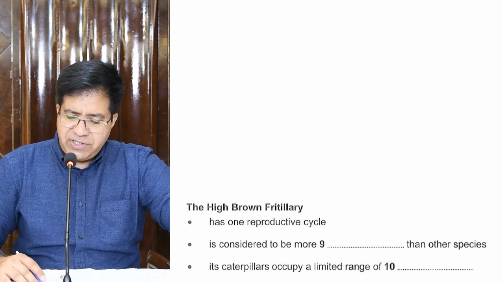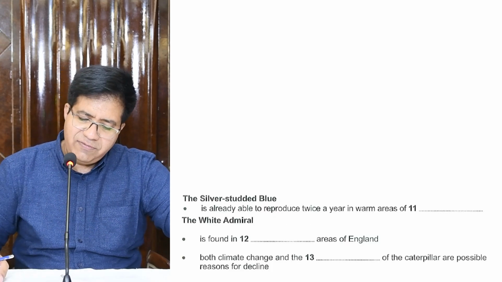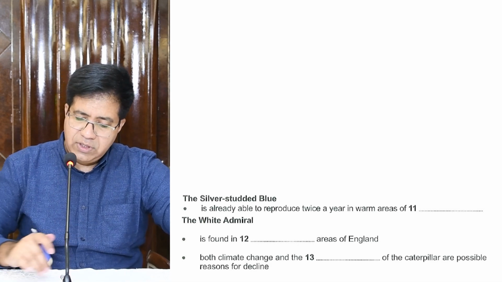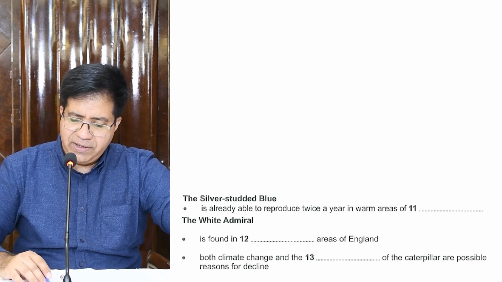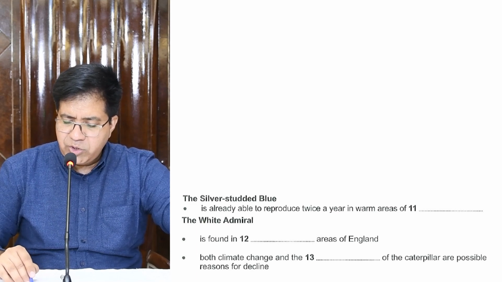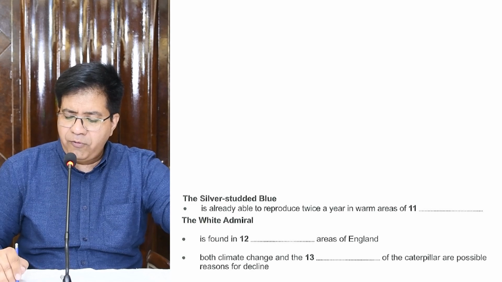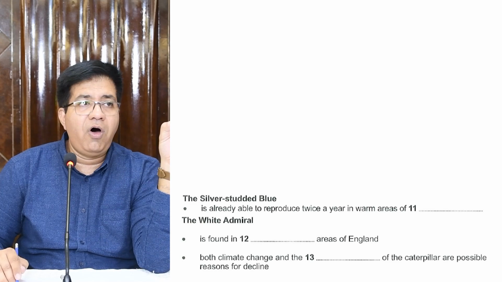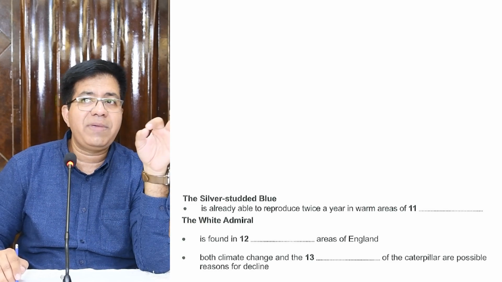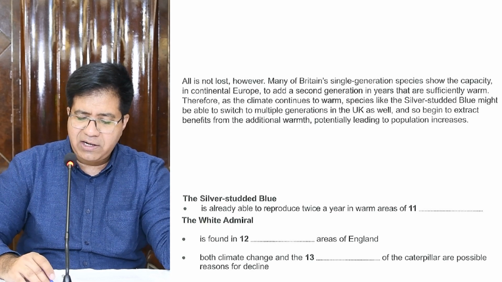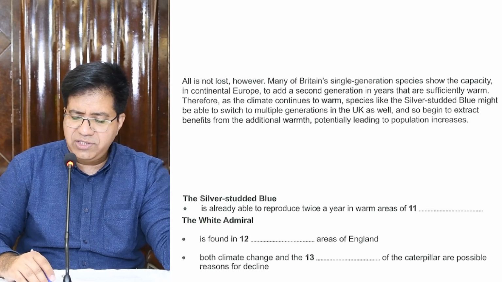Next, silver studded blue. Where is silver studded blue? Second last paragraph. So, question number 11. Silver studded blue is already able to reproduce twice a year in warm areas of dash. The answer is going to be the location, warm areas of Pakistan, warm areas of Asia, like that. So please come back. Second last paragraph. All is not lost.